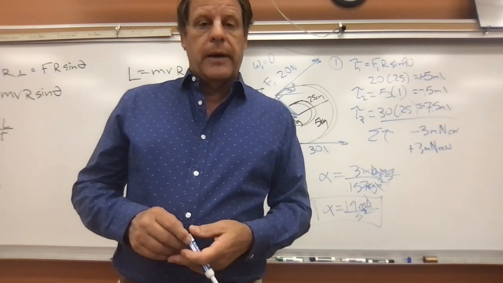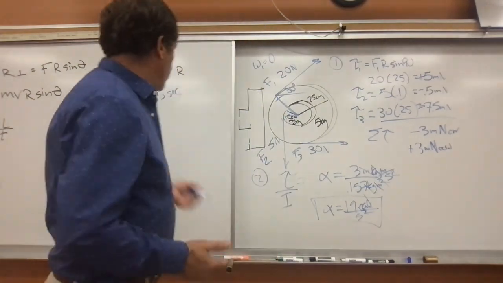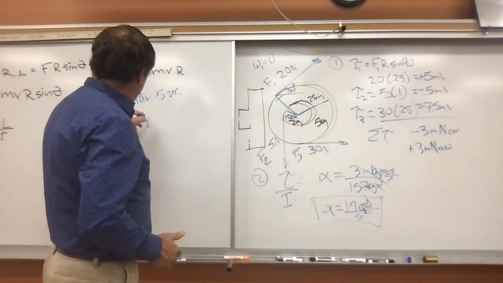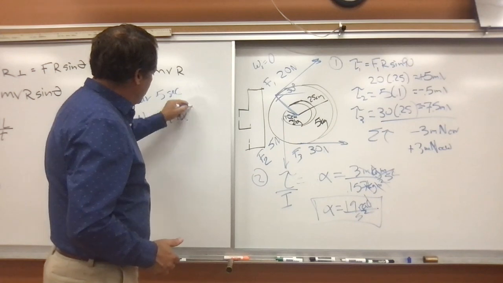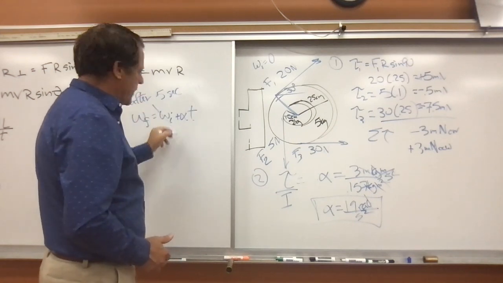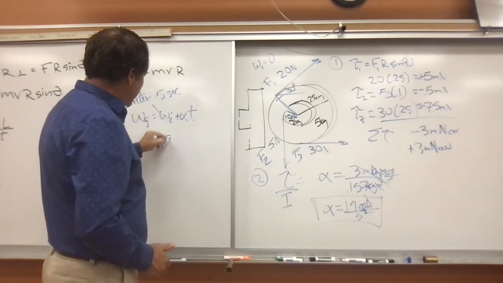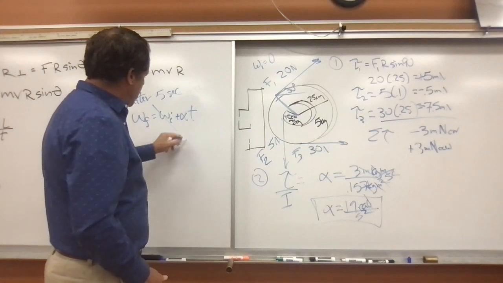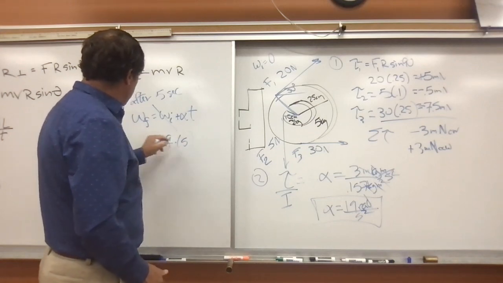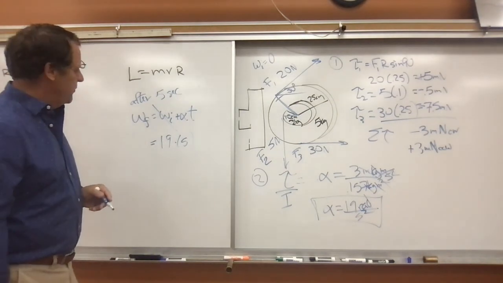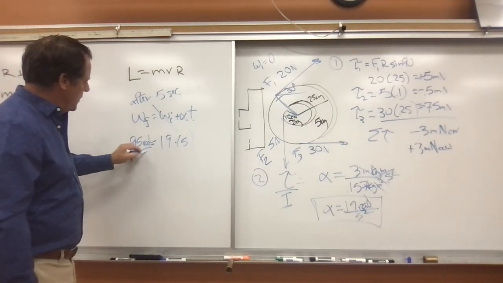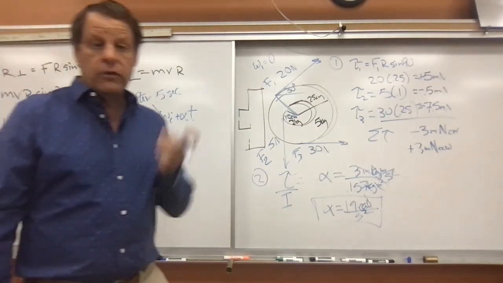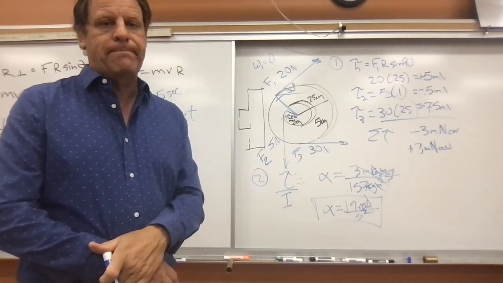The kinematic equation that we're going to use is the second one, which is omega final is equal to omega initial plus alpha t. We know that omega initial goes away, so we're going to have 19 times 5. That is going to give us 95, and that's going to be radians per second.